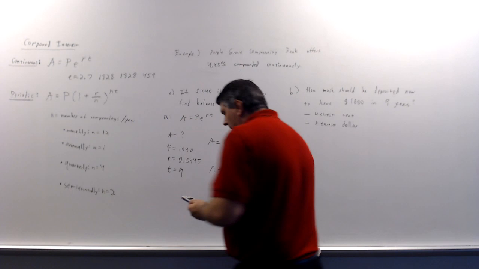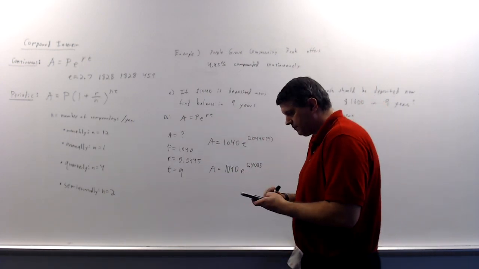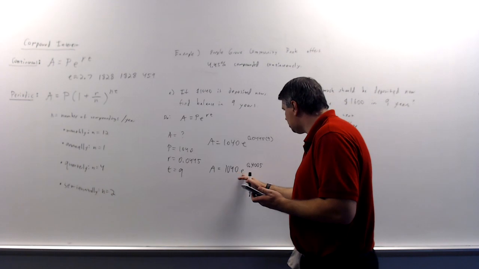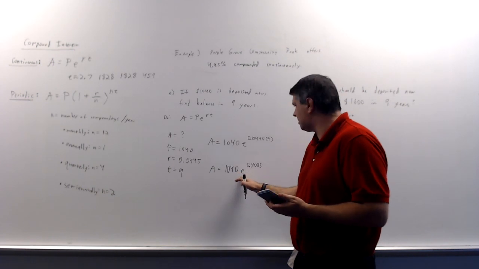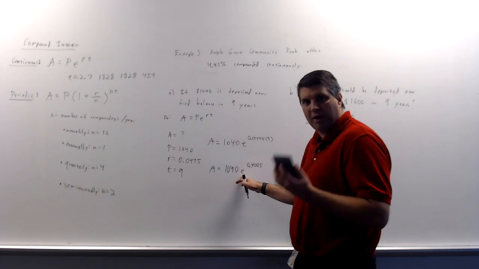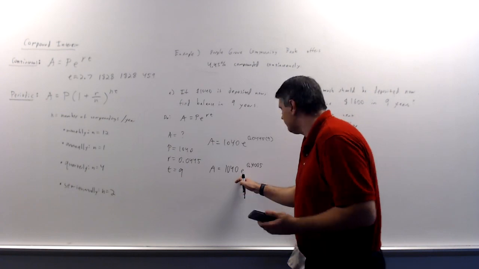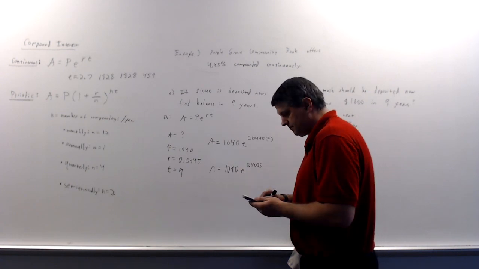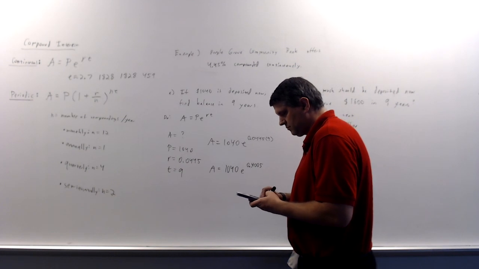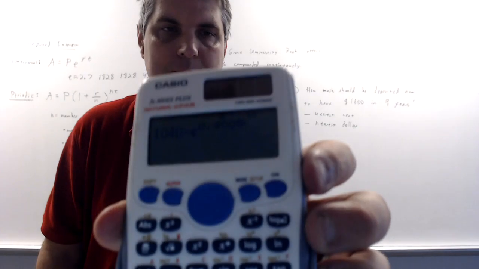So, for me, I would just type in 1,040 times shift or second, depending on what your calculator says, ln. So again, 1,040 times shift or second ln. This is what it looks like on the calculator that I'm using.